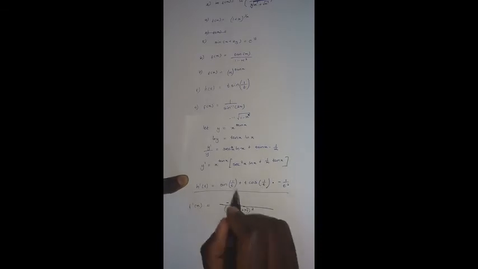The derivative of that is 2 over root of 1 minus 4x squared. Hence you can as well write your answer as negative 1 over arc sine of 2x squared times 2 over root of 1 minus 4x squared.